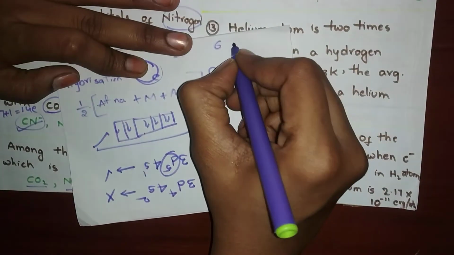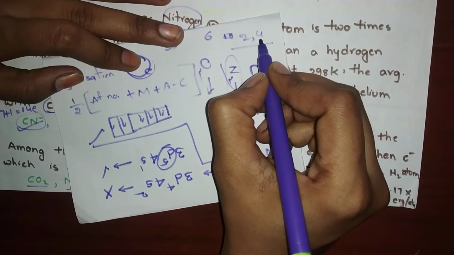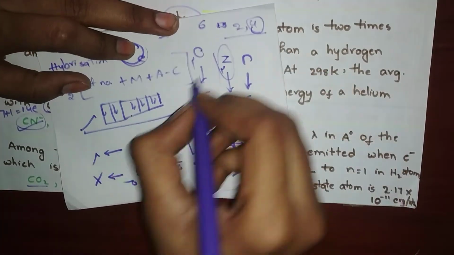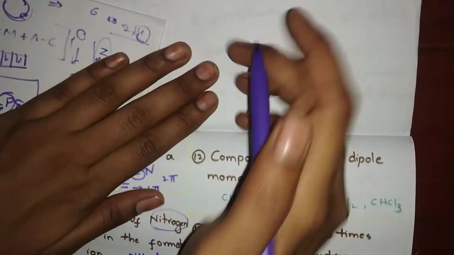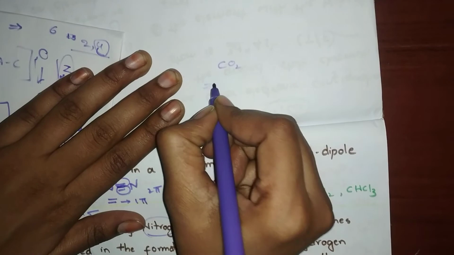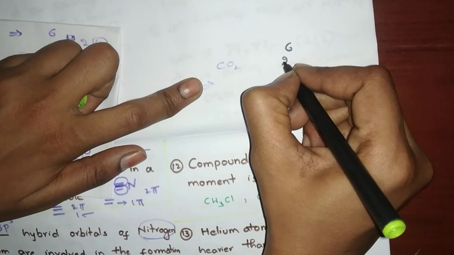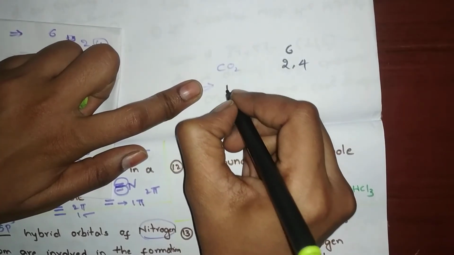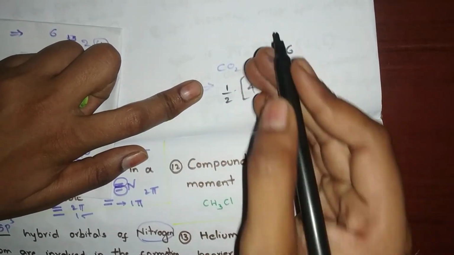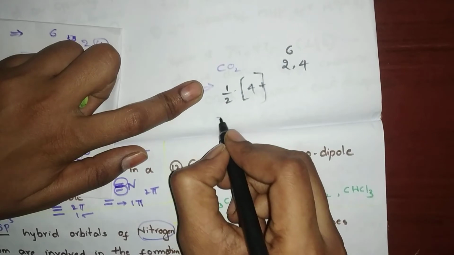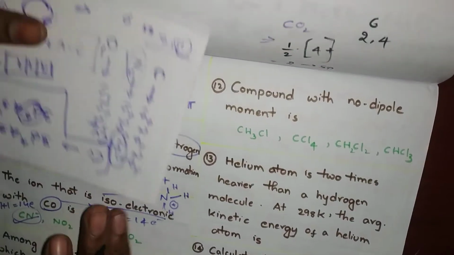So write the configuration: 2, 4. Valence electrons are 4. For CO2, valence 6, so 2, 4. Valence electrons are 4. Half into 4 plus number of monovalent atoms, nothing is there. Cation, no. Anion charge, no. It will become 2, so sp. Yes. CO2 is the correct option.